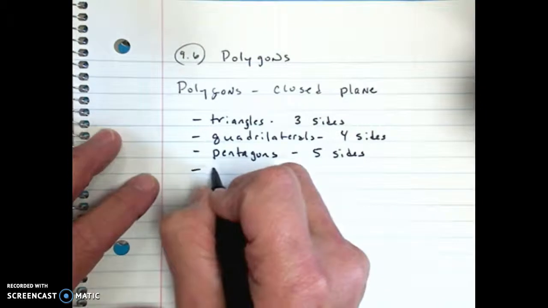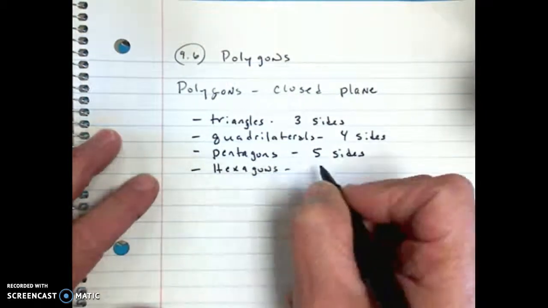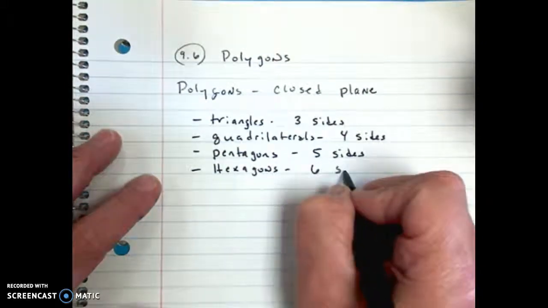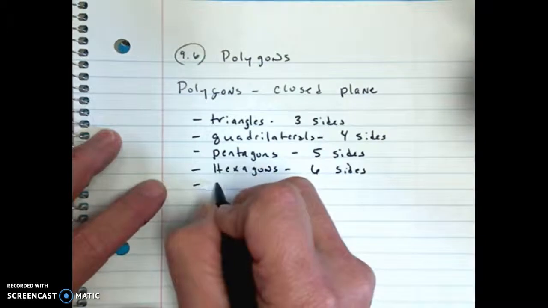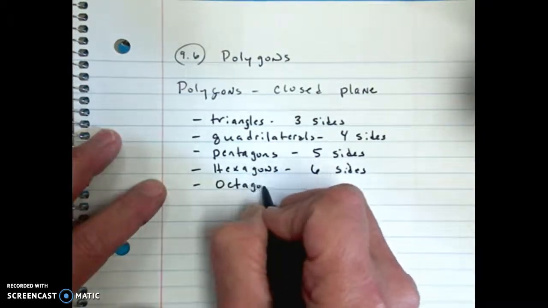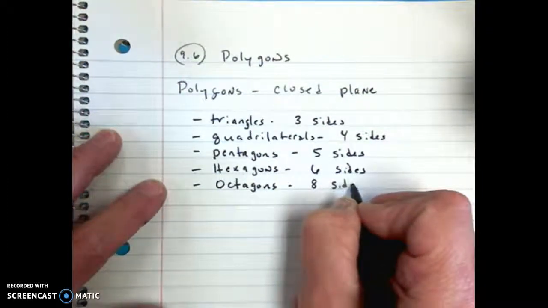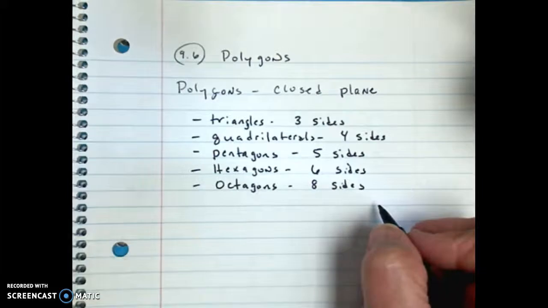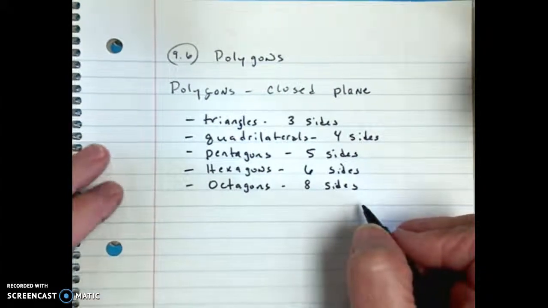We have hexagons, and those are polygons with six sides. And we have octagons, and those are polygons with eight sides. Now there's lots of other ones, but we're going to stop there because those are probably the most common ones that you're going to be using.